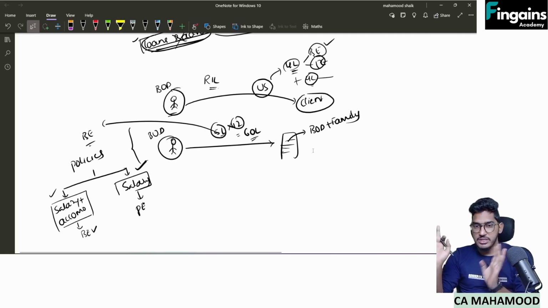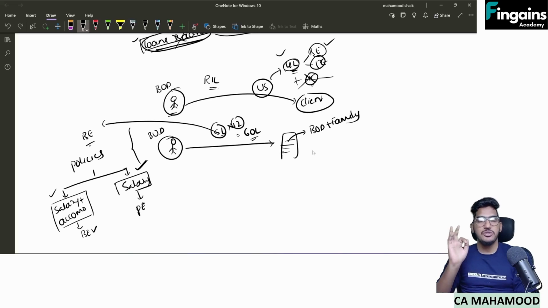So only 4 lakhs should go to business expense; the other 4 lakhs should not be charged to the statement of P&L. Clear? So as an auditor, you are asked to verify whether any personal expenses of the management or employees have been shown as business expenses, which should not happen.